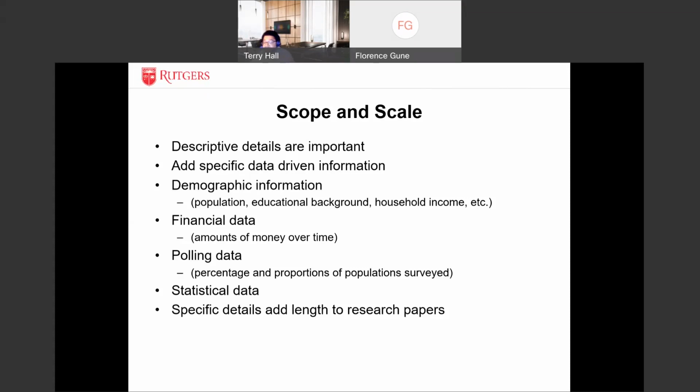Further, statistical data can be useful to us. Just make sure that it's analyzed in the context of the paper so that the readers understand what's going on. And also use specific details to add length to research papers in the context that the reader will understand them. So what this means is that generally, if it takes more than a few sentences to get an idea across, it's okay to continue to add details that will provide context for the uninitiated.